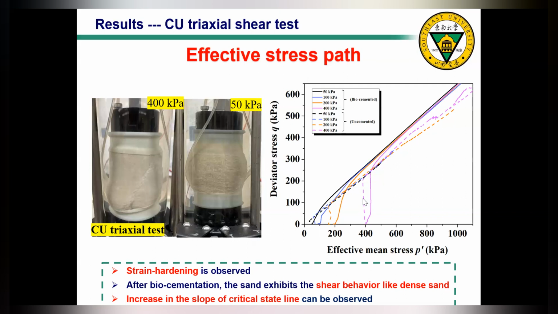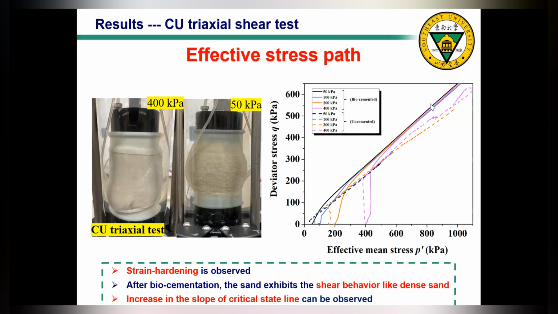Compared with the uncemented case, the effective stress path shifts to the right, and this is especially true at lower effective mean stress. So clean sand is more like loose sand. However, after bio-cementation, it becomes more like dense sand.